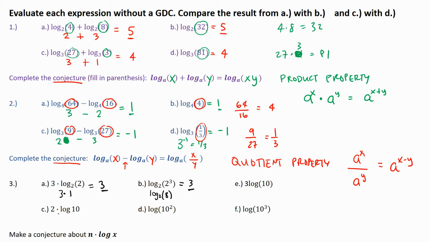Okay, so the next one, 2 log 10. Well, log 10 means base 10. So this is just equal to 1 times 2 is 2. And then 10 squared is 100. So this really means log of 100, which is also 2, because 10 squared is 100.